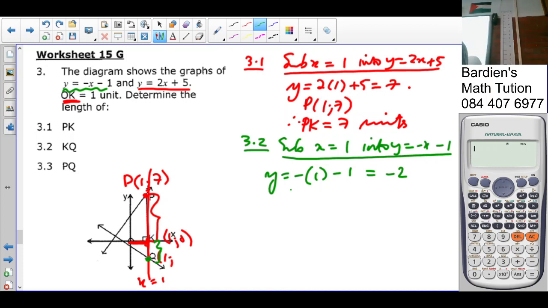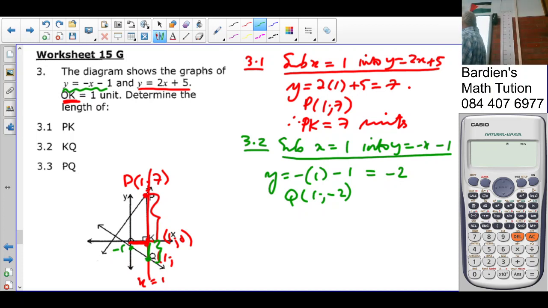So what are the coordinates of Q? (1, negative 2). Does it make sense for that to be negative? Yes, that's the negative part of your y-axis. Here that is negative 1, so it has to be less than negative 1, which is then negative 2.